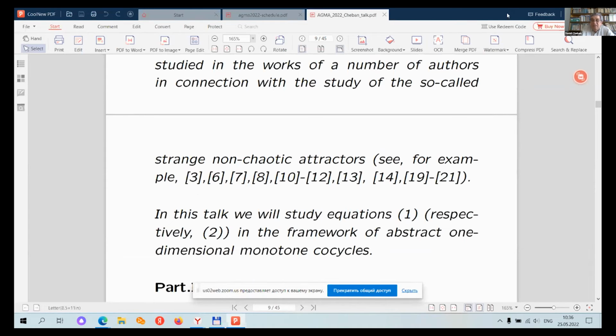Below, I will give a more or less exact definition of this object, but in two words, it is a geometrically sufficiently complicated attractor, but this attractor is not chaotic. I will make precise what non-chaotic means below.